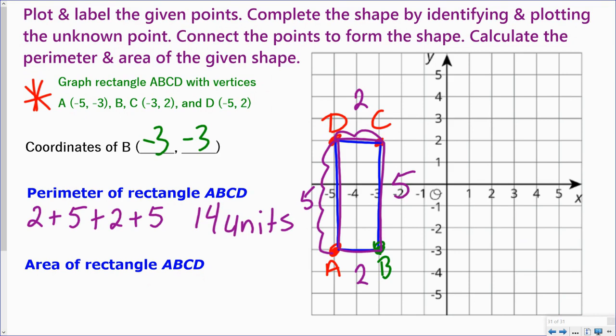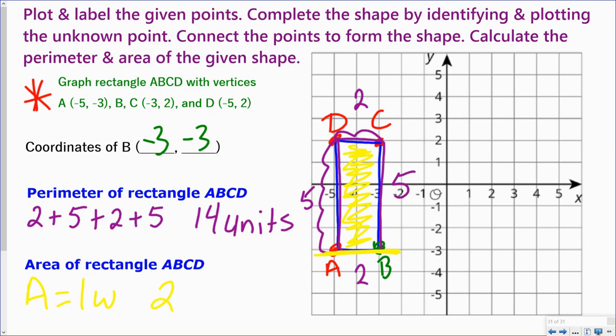Now my area is the amount of the space on the inside. So I want to look at how much is in here. And so to find the area of a rectangle, I take A equals length times width. Well, my length, we'll say, is 2 here.